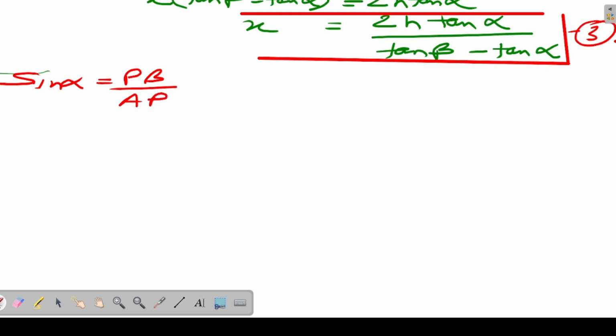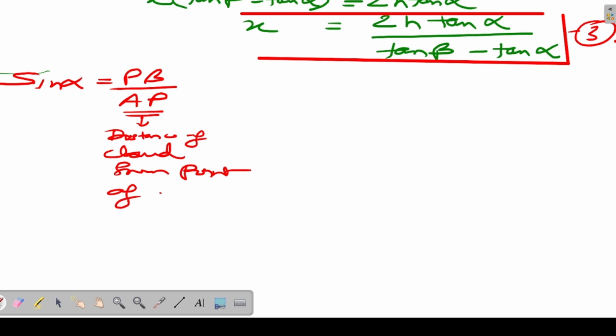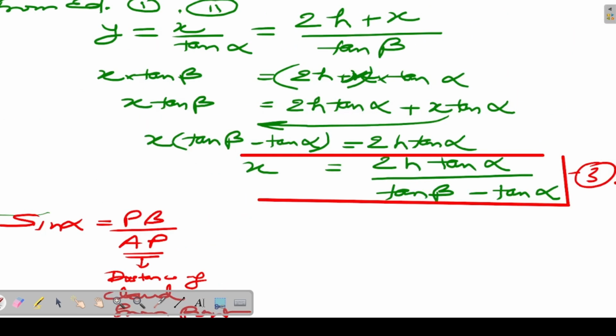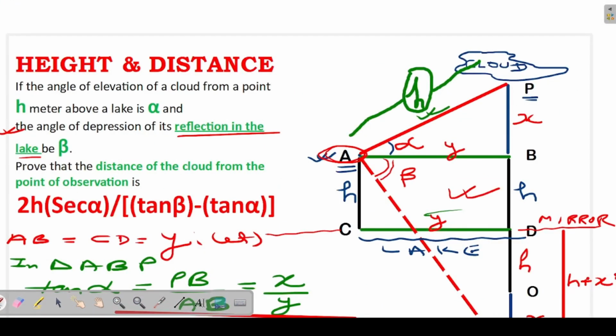Sin of alpha equals PB by AP, and AP is the distance of the cloud from the point of observation, that is A. You can see here, one is AP, right?